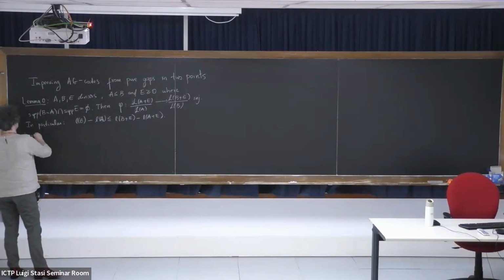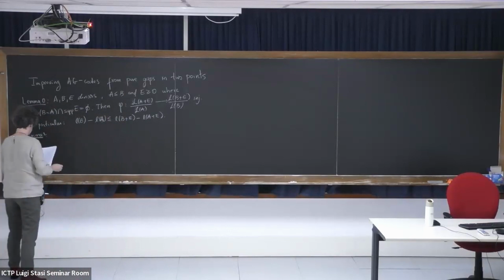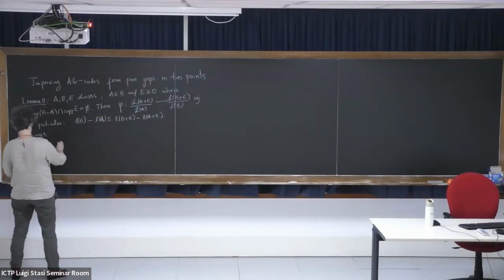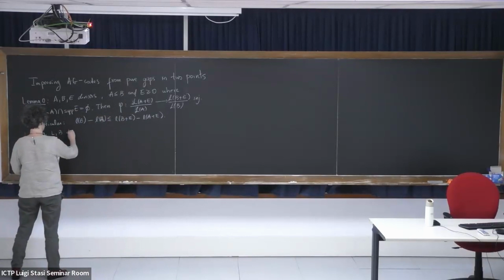So lemma 1. It's going to tell you the following. Now you have L and B divisors.